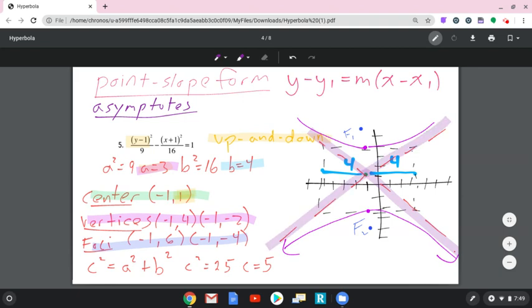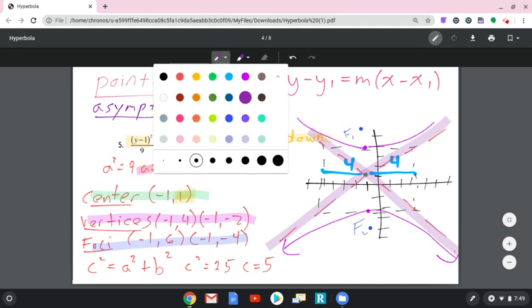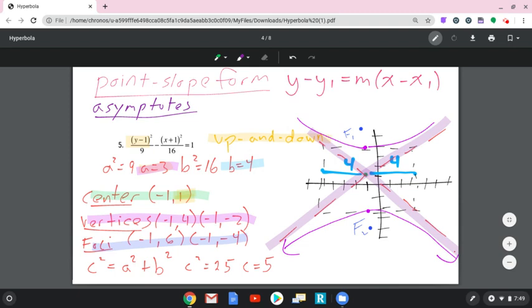The point that we know is definitely on our asymptotes will always be our center. That center is always on our asymptotes. So that center point is (-1, 1). That is the point I'm going to use in point slope form.